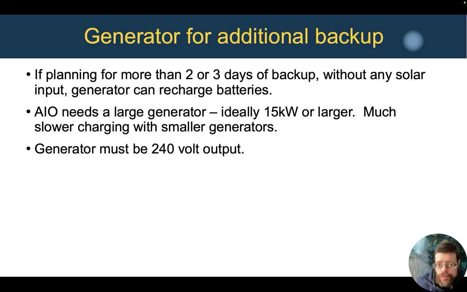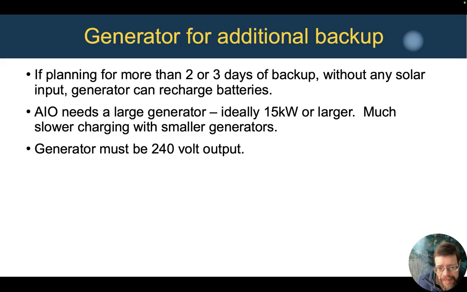The all-in-one needs a pretty large generator, ideally 15 kilowatts or larger, and this is getting us into the range of permanent pad-mounted generators, usually propane or natural gas fired, and obviously these larger ones are going to be 240 volt output. Smaller generators can be used as long as they're 240 volt output, but you're going to have much slower charging time.